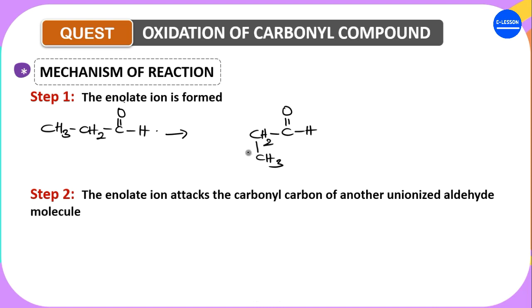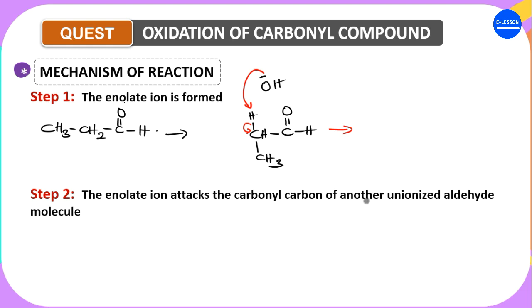Okay? Now, what we are going to do is remove one hydrogen from here and bring it up here, so that this alpha hydrogen can react with OH negative. We say the OH negative abstracts the proton. So when this OH negative abstracts this proton, this bond here will come here to form a negative charge.